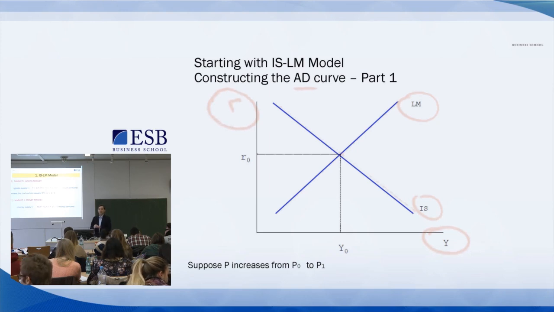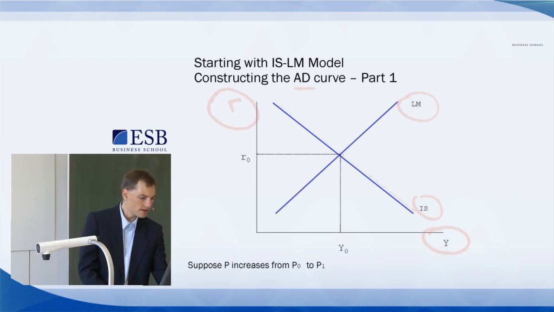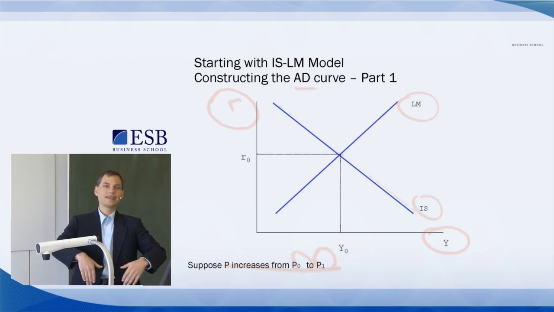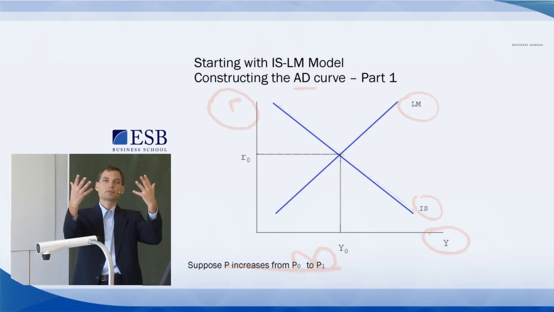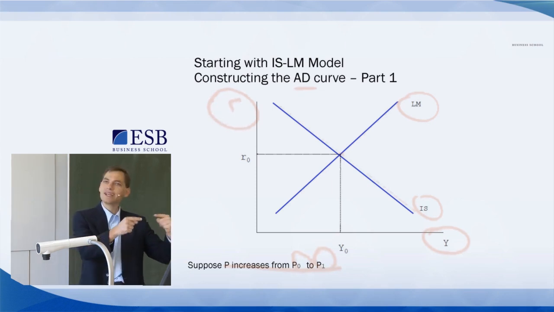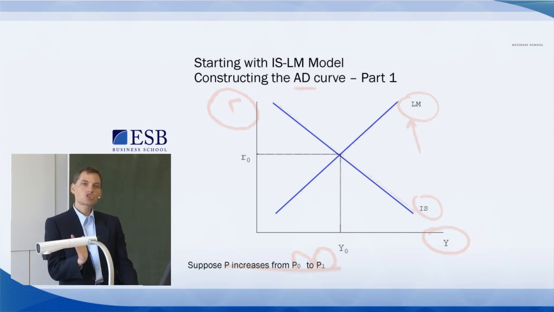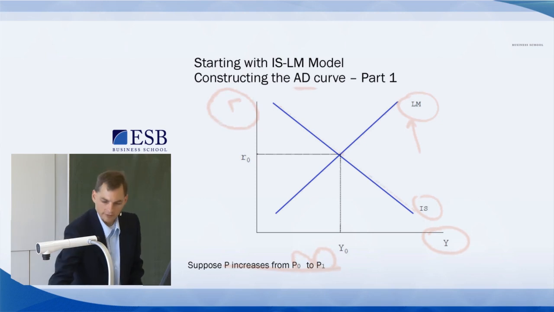So what I'm going to do to illustrate this, well, I assume that the price level increases from P0 to P1. So there's an increasing price level. Well, we already discussed what is happening in this case. The price level affects the money market. So the LM curve is affected, and in the end, it will shift the LM curve to the left.